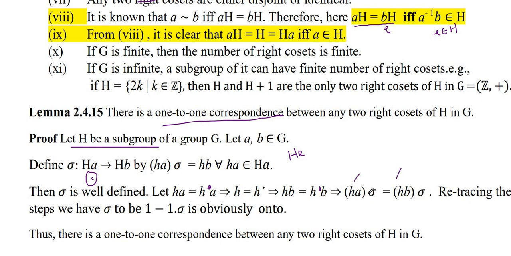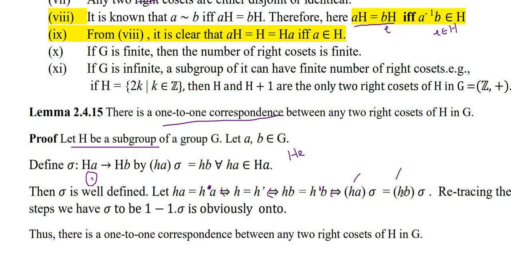So images equal means the image of HA under sigma is equal to the image of HB under sigma. Then the image of this is nothing but HB, and the image of this is nothing but H prime B. Then the right cancellation law is true. This is an equation true in G. Using the right cancellation law, you have this step. And then post multiplying both sides by A, we get this. So we have got the pre-images to be equal.